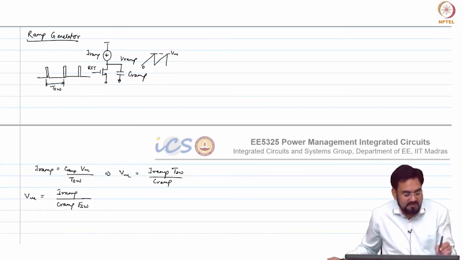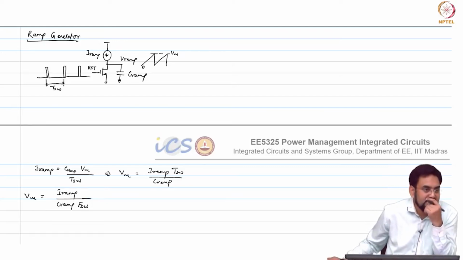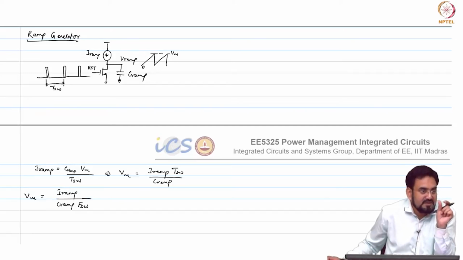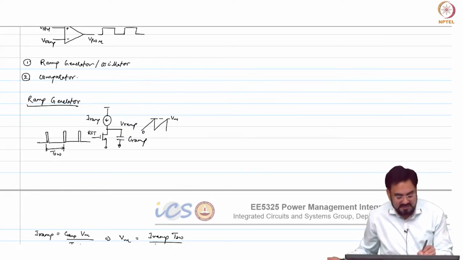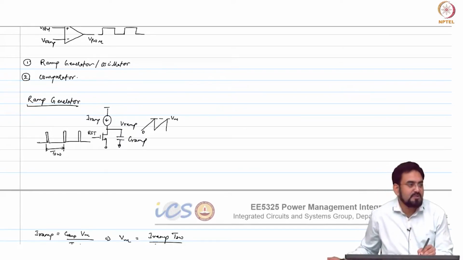Whatever the pulse width of this, you have to make sure that this switch should be able to discharge to 0 within that time, and that will be the reset time. If your PWM is only controlled by this RAM, then this reset should be a very small portion of that.